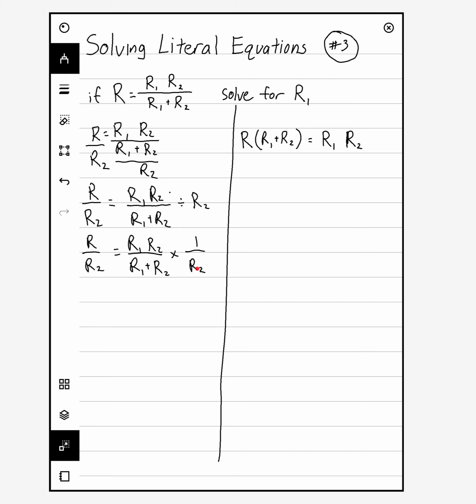Okay, so then since we have both r2 and r2 down here, they can cancel out. Okay, now I just have r1 all alone, but I have r1 plus r2 here. So how would I get rid of that? Well, I'd multiply this over to here. So I get r times r1 plus r2 over r2 is equal to r1.